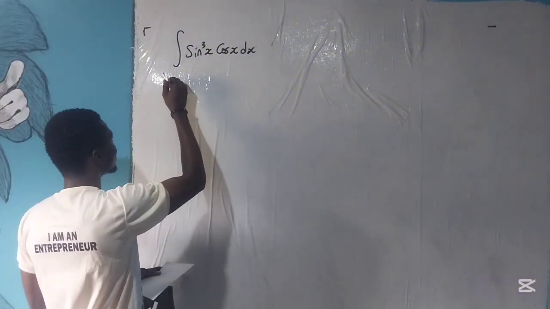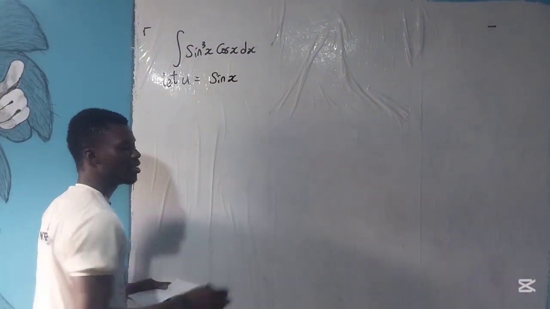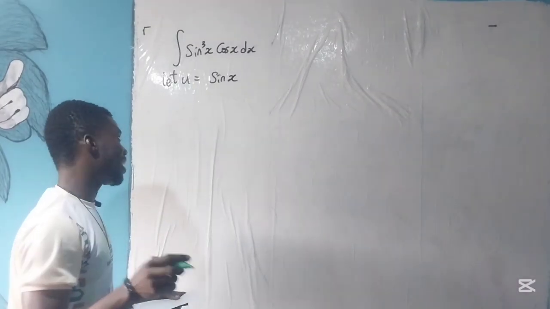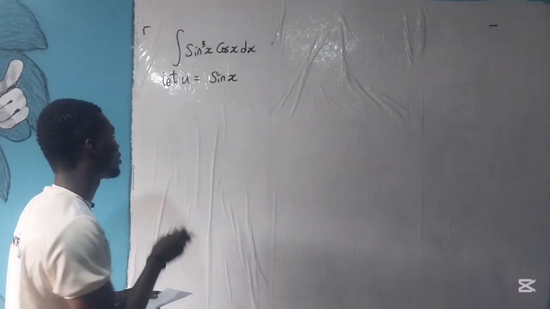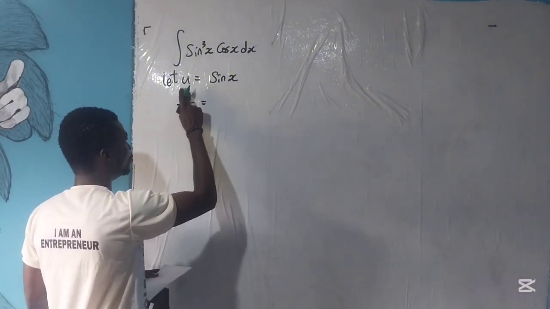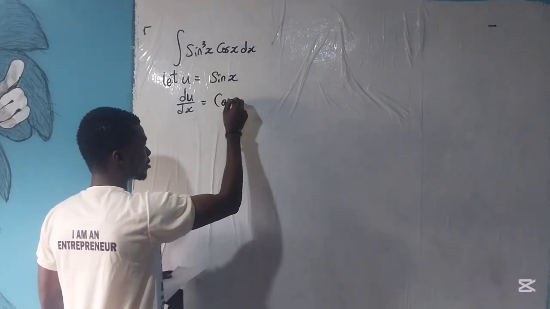So we said let u equal sine x, not sine cube x. Let u equal sine x. Now, if u is sine x, what do we do next? That means du dx, the derivative of u with respect to x. The derivative of sine x is cos x, right?